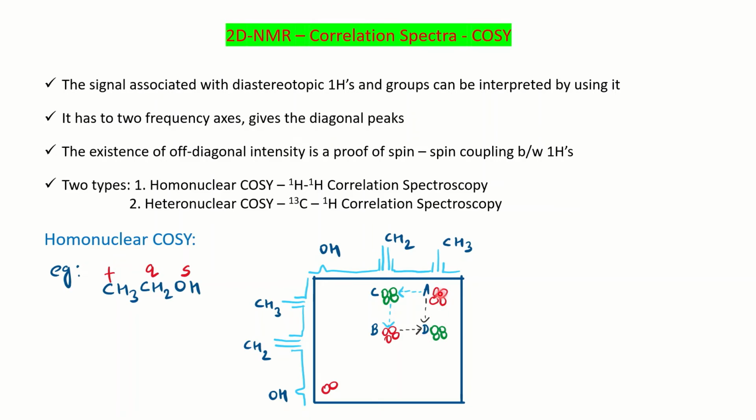Similarly, if you go from A to D and B to D, it shows the same D cross peak, meaning A and B, that is CH3 and CH2, are coupling to each other, and so we can say that the two nuclei are coupling to each other. So basically we take the help of coupling from 2D NMR.